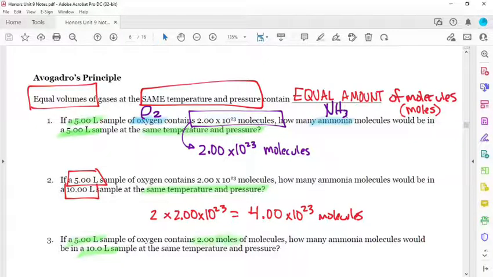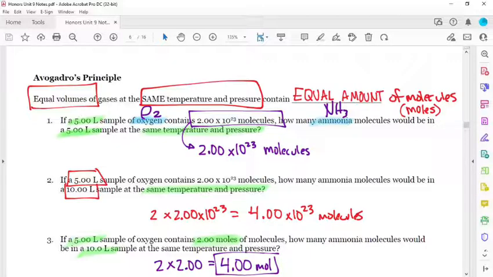But if I only know the number of moles of molecules here, my 5-liter container has 2 moles, then what I know is that my 10-liter container will be twice as big. So what I know is that there will be 4 moles of molecules in that ammonia container.